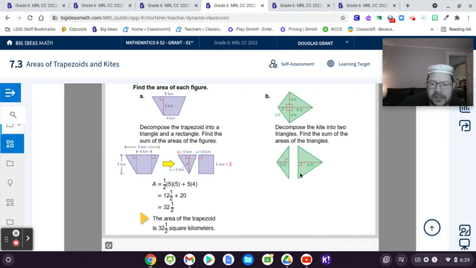So we got a base of 8 for each of these triangles, and then we got a height of 3 and a height of 6. So you just add up the 2 areas of the triangles. You use your formula, which is 1/2 base times height, and you end up getting 12 and 24 for these 2 triangles right here. That's a total of 36 square feet. Yay! That's how you can find the area of a kite. Just break it into triangles, and there's your area for a kite.